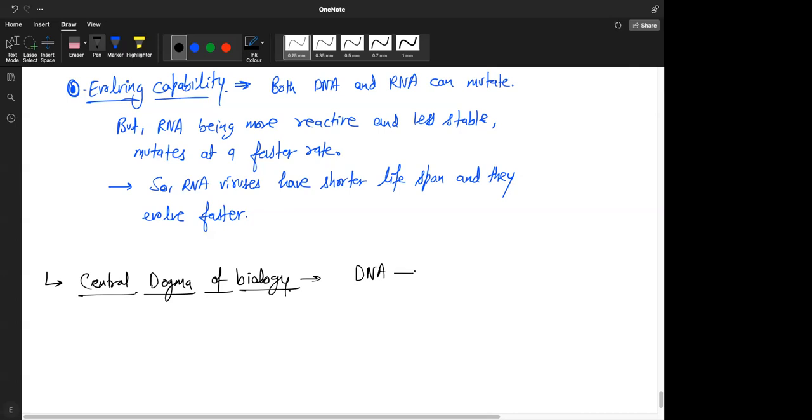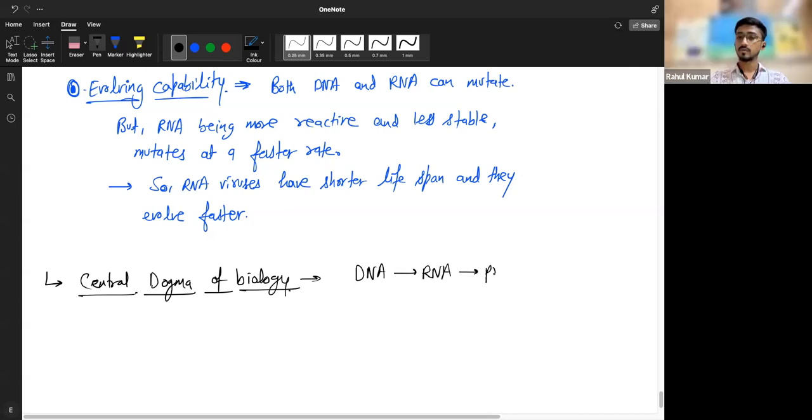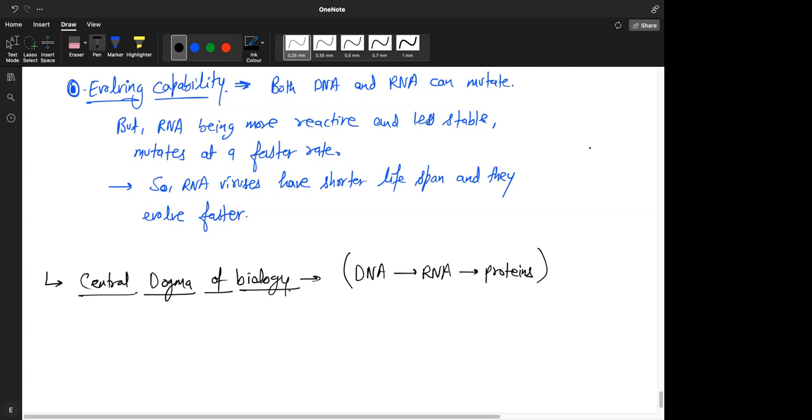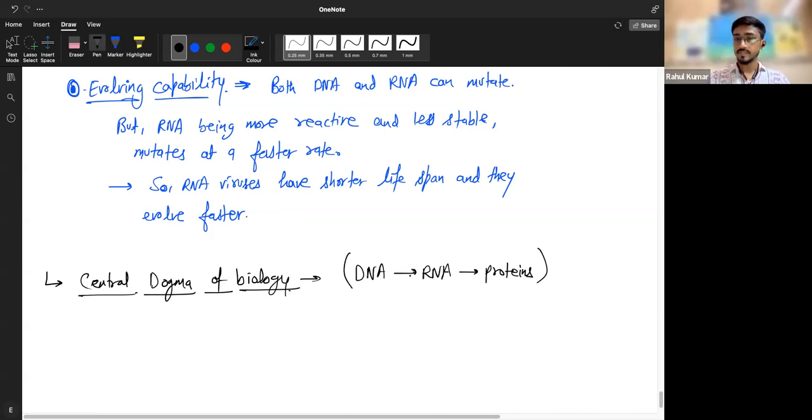DNA to RNA and RNA to proteins. Correct? Yes or no? Yes, sir. So DNA makes RNA, RNA codes for protein. So if we see it from here, RNA can directly make proteins, right? Whereas DNA has to depend on RNA to make proteins. Yes or no?